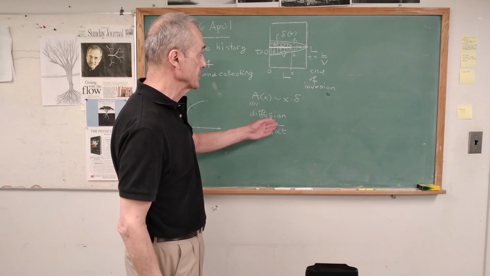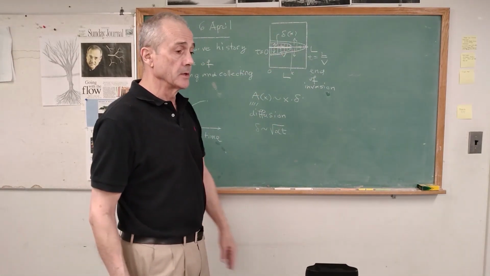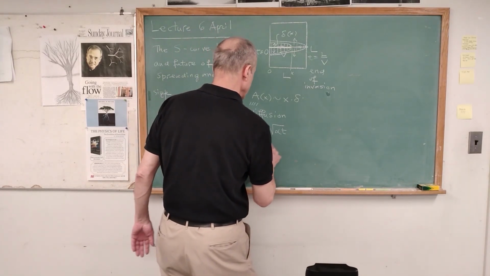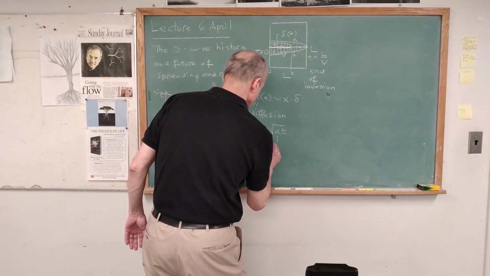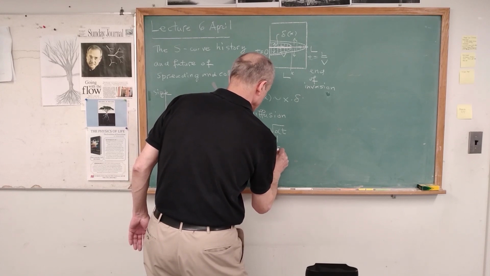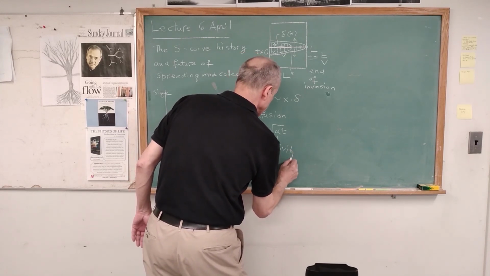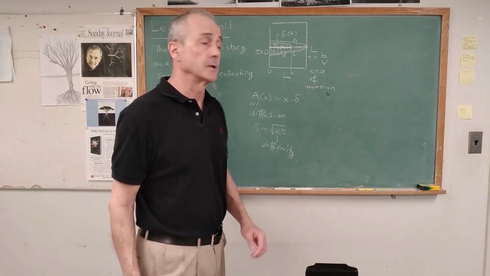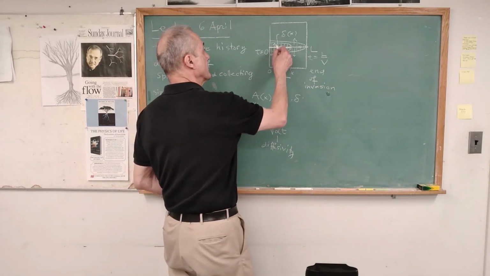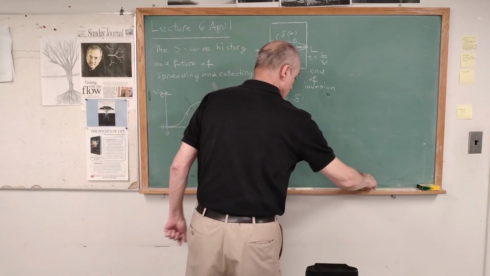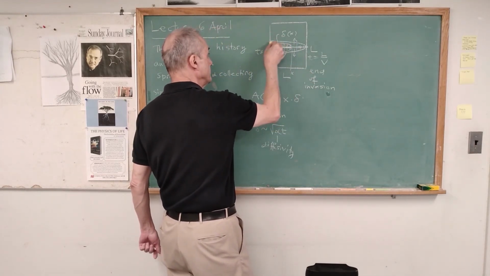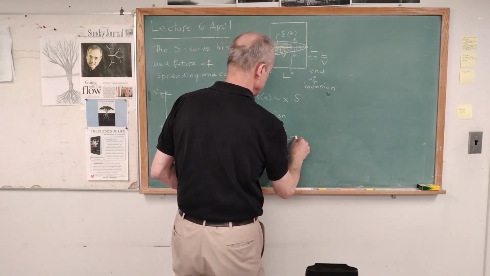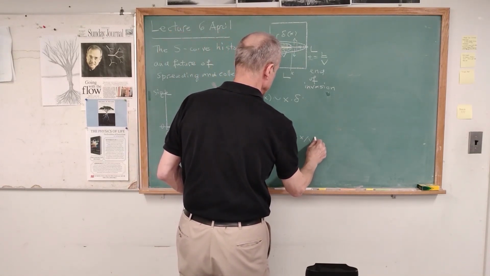In this case, the diffusivity of water seeping through the sand or through the soil. And time is the time that it took for this particular finger to develop. That time is clearly x divided by v.